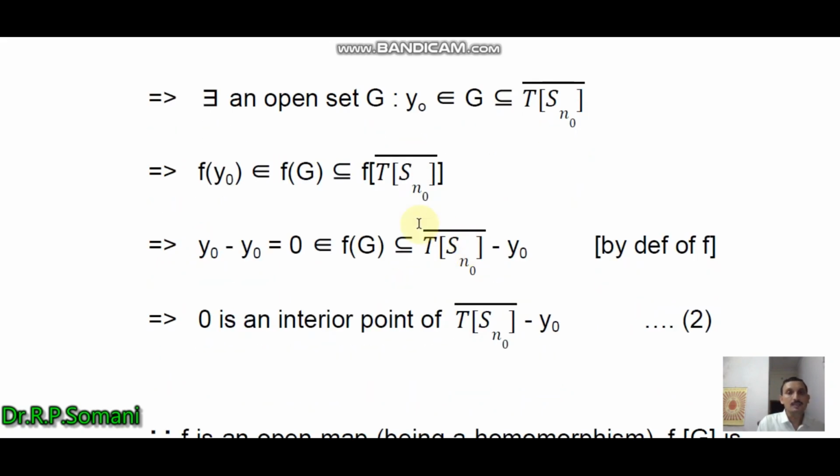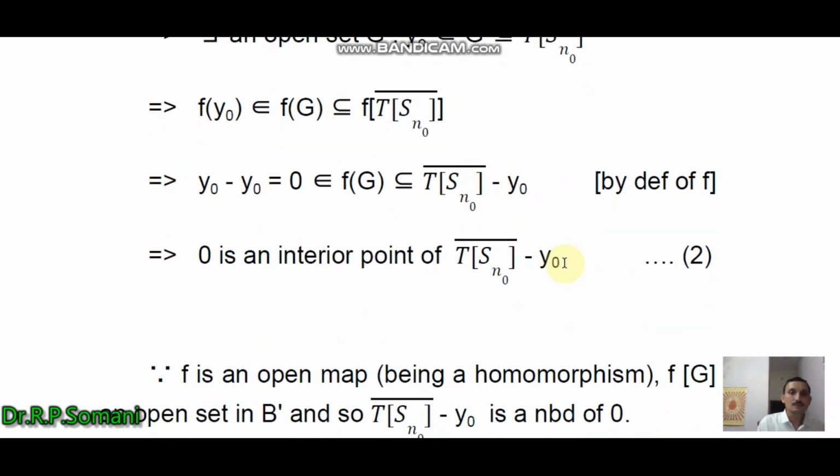Now we apply the mapping f to this, and we obtain f(y0) belongs to f(G), which is a subset of f of the closure of TS_n0. Applying the definition of f, this becomes y0 - y0 = 0 belongs to f(G), which is a subset of the closure of TS_n0 minus y0.